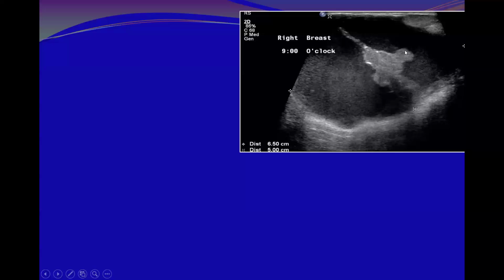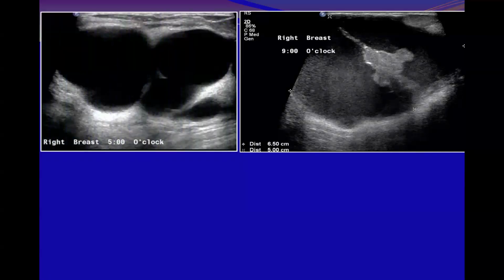If you look at this, we can see a cystic component with fine internal echoes, but look at the septum. It is a nodular, thick septum, so it is BI-RADS 4 for biopsy. Compare it with this one. Look, the septum here is very thin. It is anechoic, clear, circumscribed with posterior enhancement.